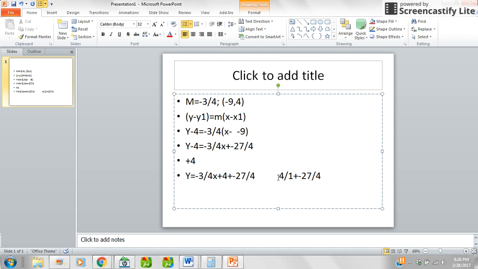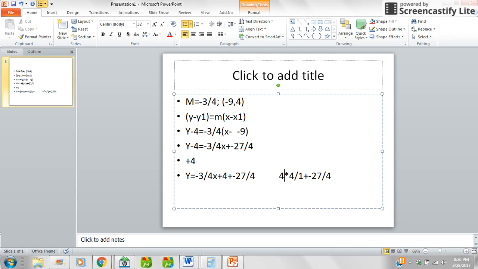Now, I can't do this problem yet, and the reason why is because the denominators are not the same. One, I have 1, and then the other, I have a 4, so I have to make those like terms. In order to do that, I have to multiply my 4 over 1 by 4 to get my denominator to match my other denominator. So times 4.